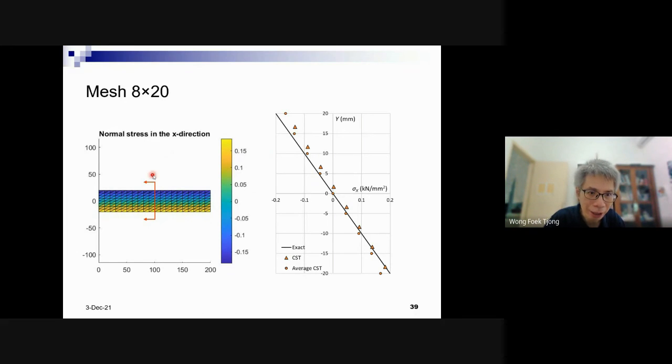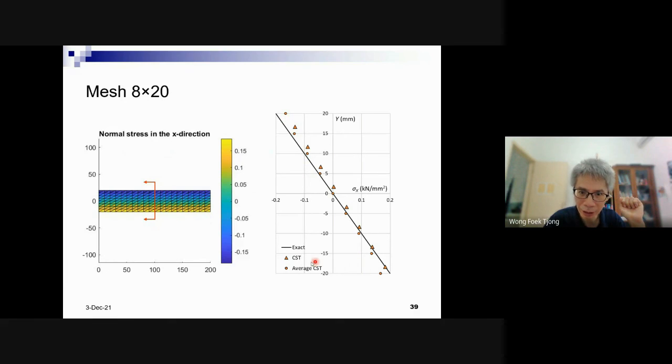Cut here, and then we see that there are 8 elements in the vertical direction, and we have to interpret the stress, because for each element we have stress, right? There are two ways. First one is just to look at the centroid of the element. So this is the exact stress.